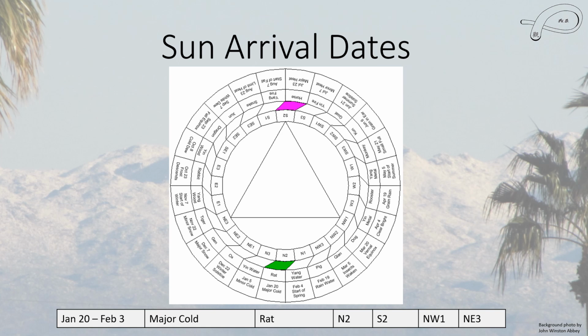Now, the way we arrive at these dates, and I think I talked about this before, but if we take this as an example and we look at what its sector is, this describes a possible facing direction for the house that can take advantage of these dates.